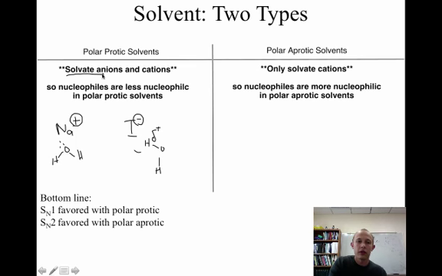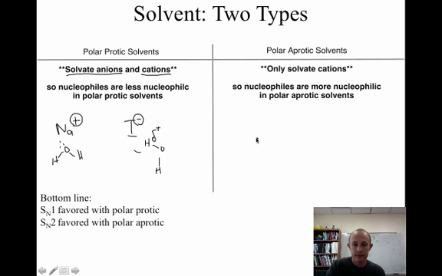So polar protic solvents can stabilize anions and cations. Both of those energies are lowered, and what you have is a bunch of solvent molecules surrounding your nucleophile, which makes it bigger, which makes it a worse nucleophile, which slows down SN2 reactions, right?